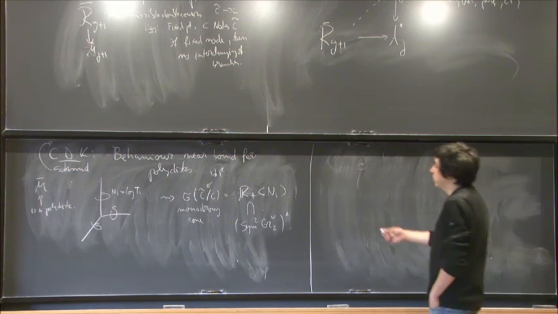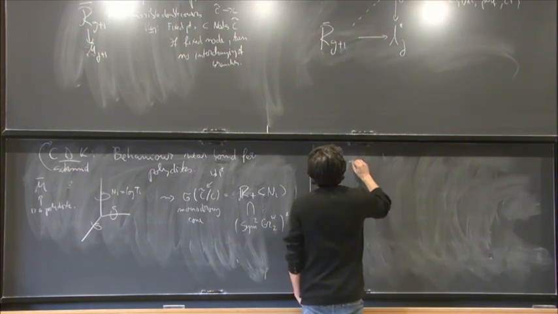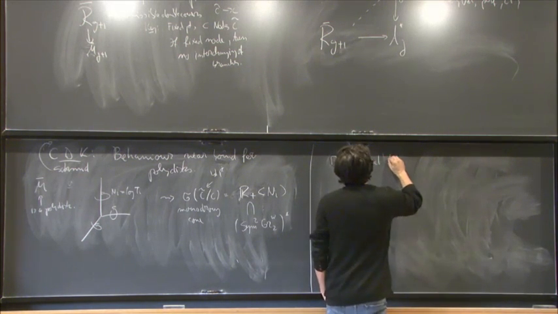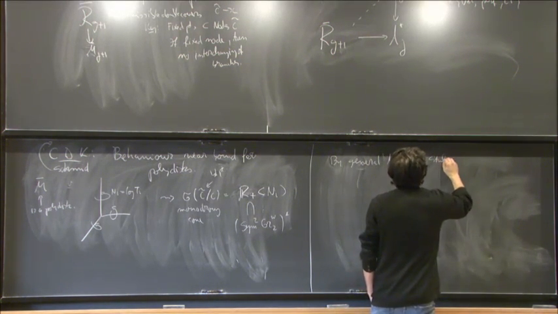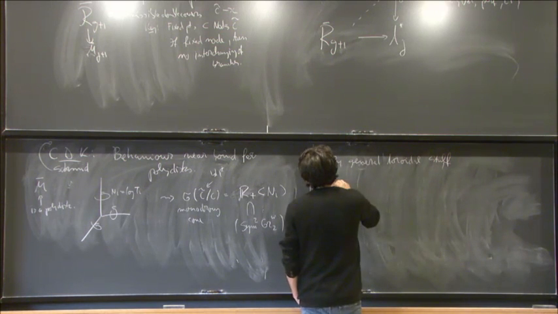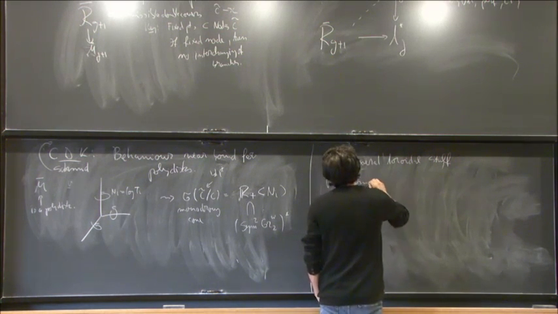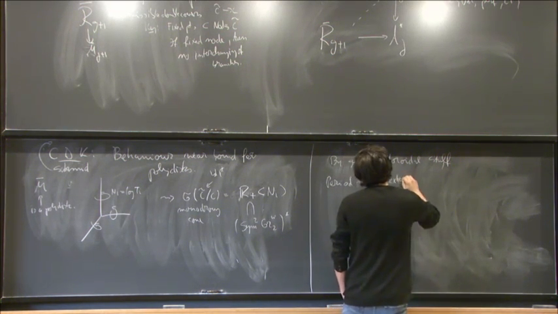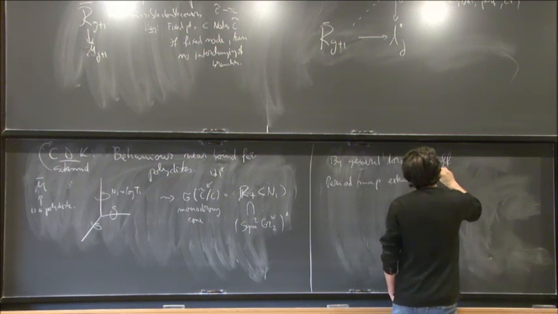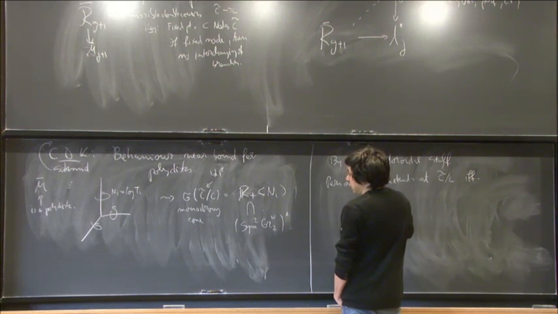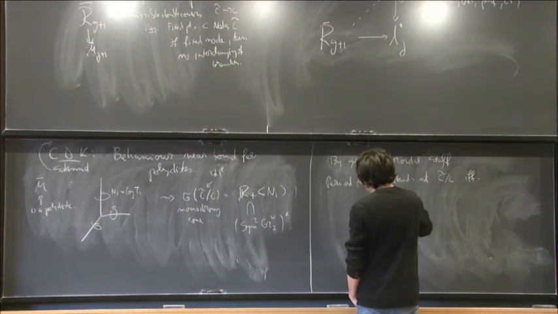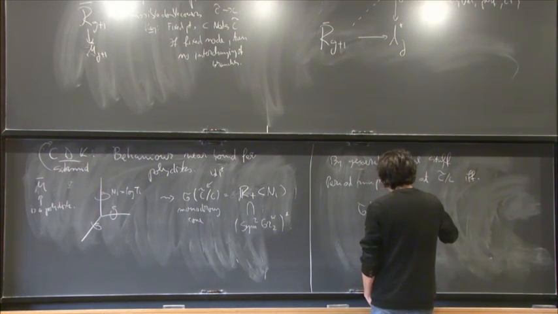By general toroidal stuff, you know that the period map extends at C tilde mod C if and only if this monodromy cone is contained.